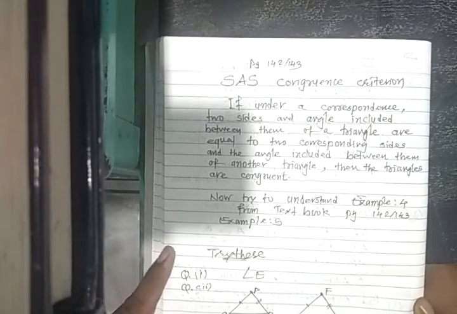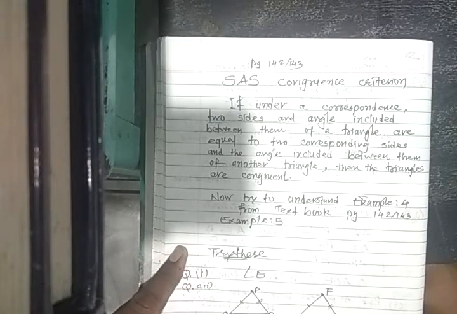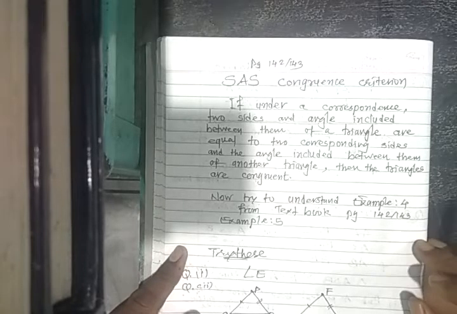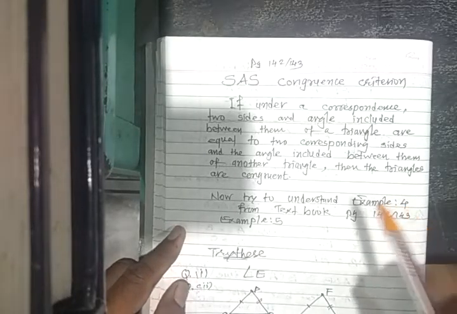Okay, now students, next congruence criterion, SAS. S means side, A means angle, S means side. As per our previous SSS congruence criterion, students, you have to prepare this criterion statement.